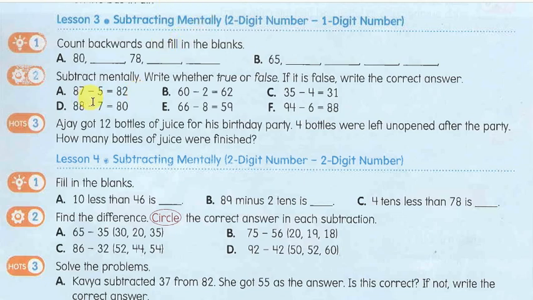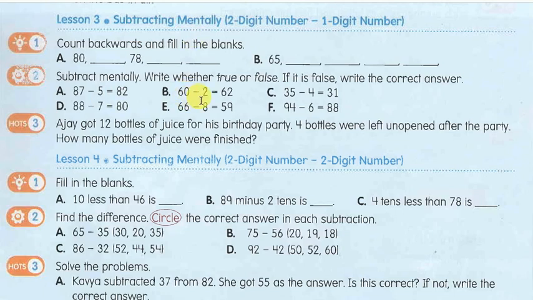Subtract in your mind, children. 87 minus 5 is equal to 82. Now which is the bigger number? 87. So think of 87 in your mind and count backwards 5 times. Count 5 times backward. So where you reach is your answer. So 82. Is it true? Yes. So write true.